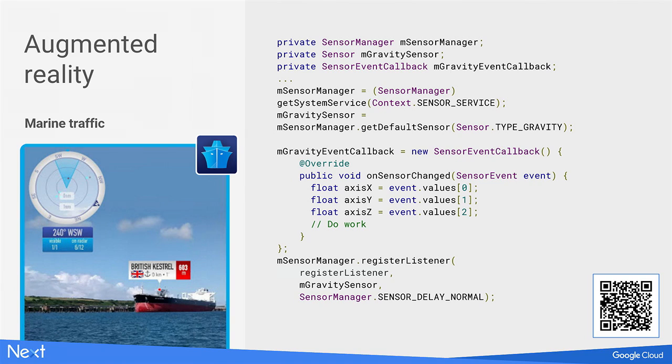To get started with augmented reality, one of the things that you need is a fixed reference point in order to match the image overlay with the image that you're getting from the camera. There's a really, really good reference point, which is gravity. Gravity is always pointing down. And conveniently, Android provides a sensor for the gravity vector.